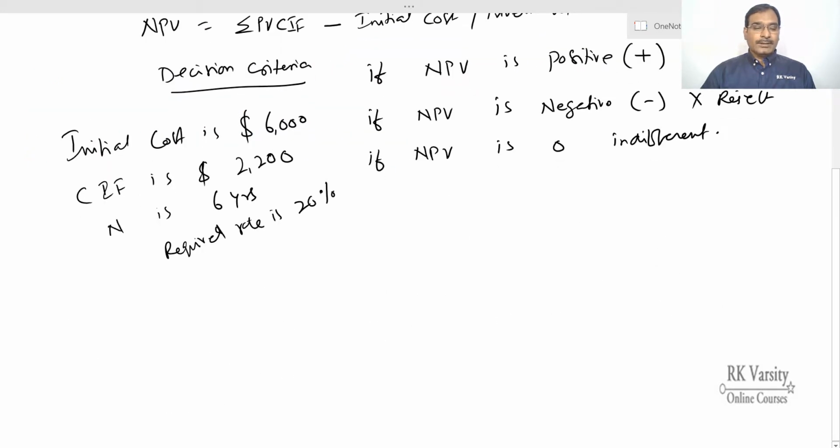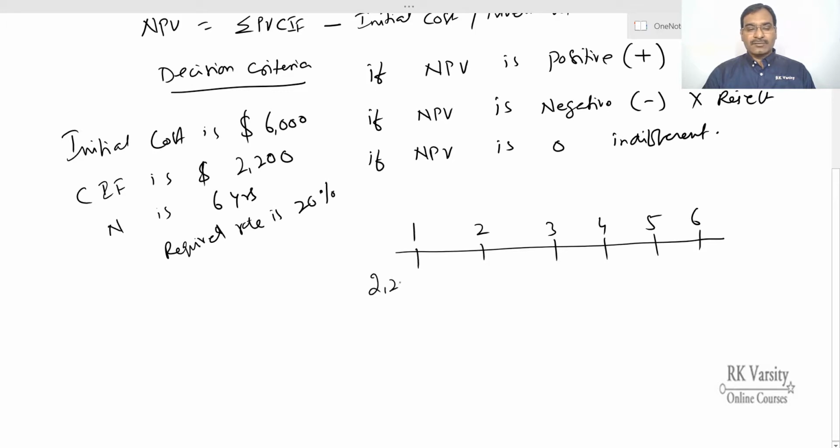Now here your cash flows are spread across 6 years, that is 1, 2, 3, 4, 5 and 6 years, and all these cash flows are uniform or even. So every year the cash flow is $2,200, for all the 6 years. As these cash flows are even, this reminds you of the annuity.